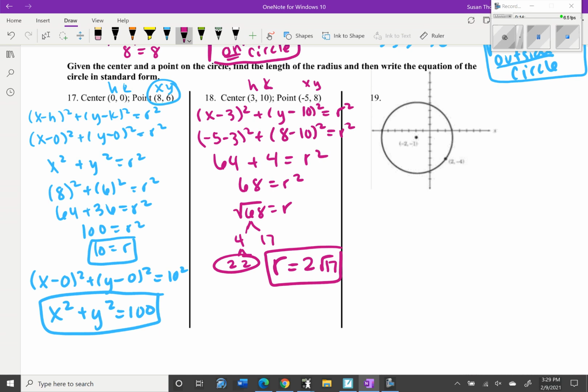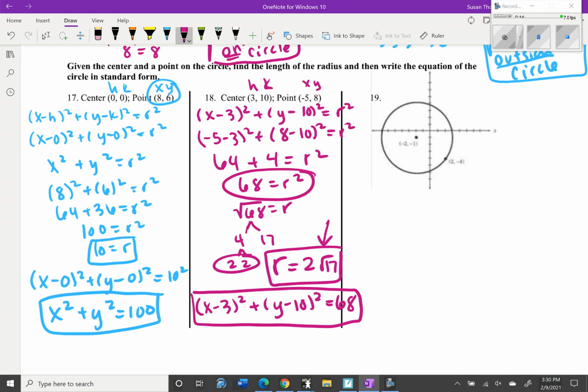And the equation of the circle is x minus 3 squared plus y minus 10 squared equals, and we know that we found r squared was 68, so we don't really have to square this, but you can if you want. You should get 68. If you don't, then make sure to look at your work. So that would be the equation of our circle in standard form.